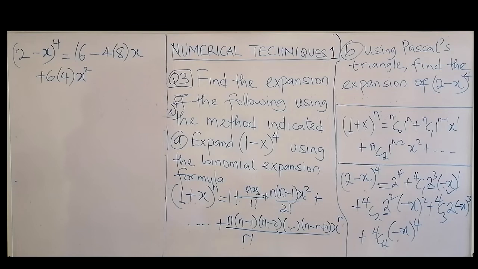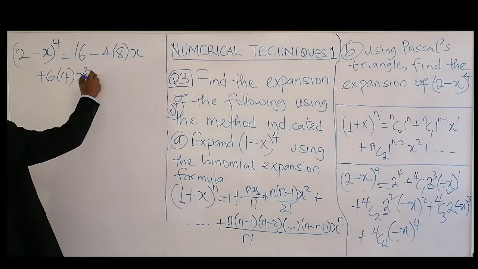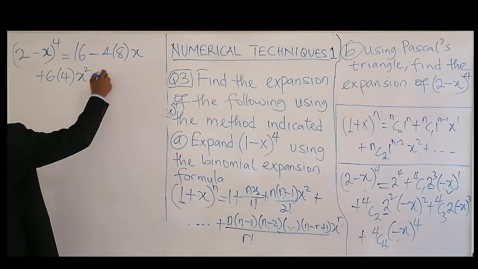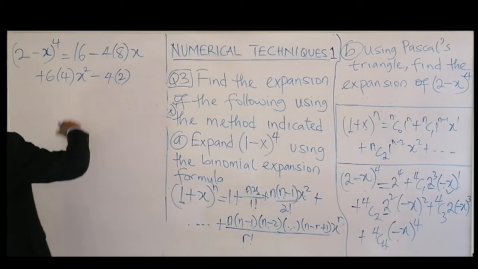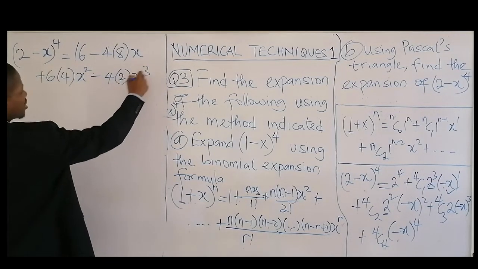4 combination 3, that's 4, times 2, and then minus x to power 3. So plus minus, that's minus. Then we have x to power 3.